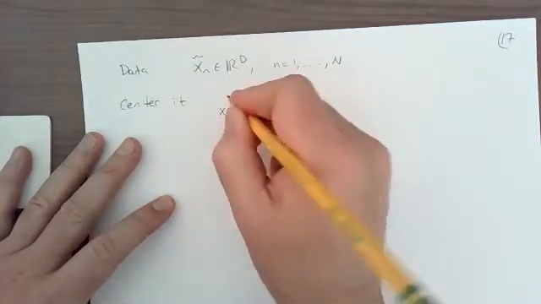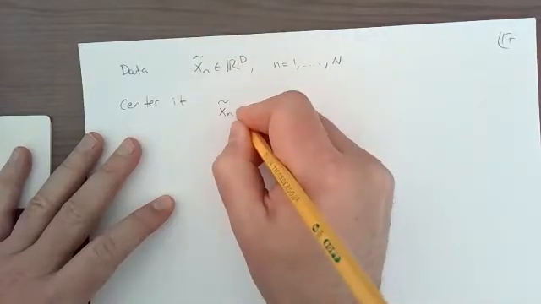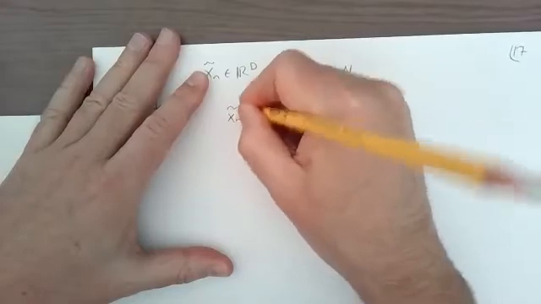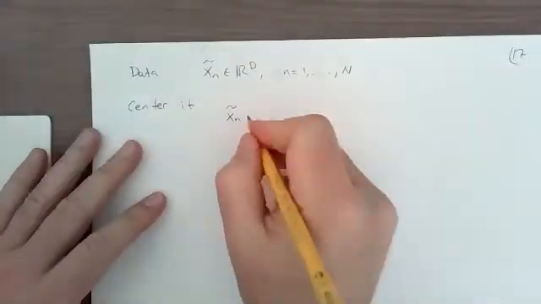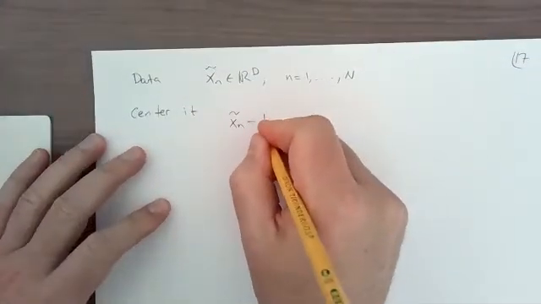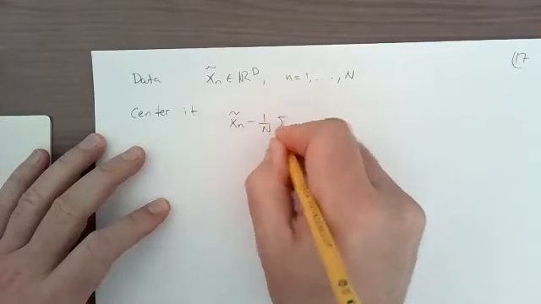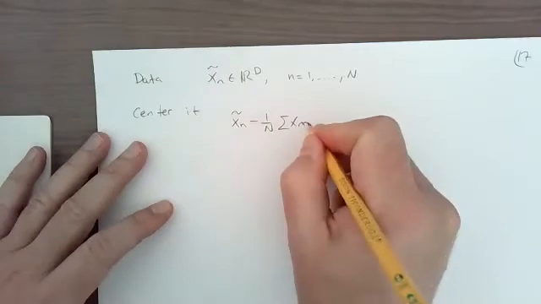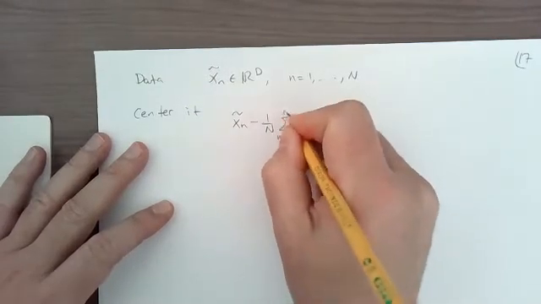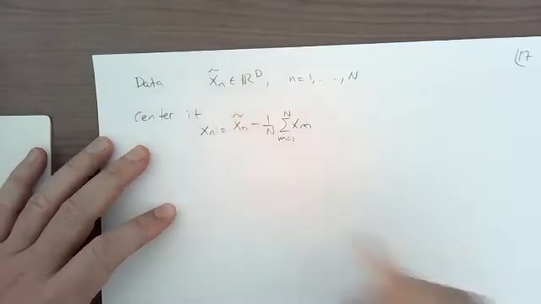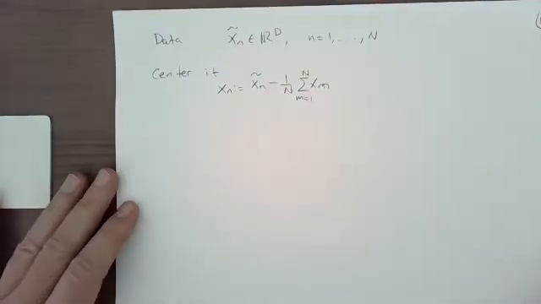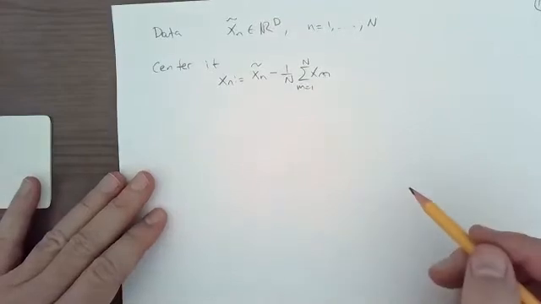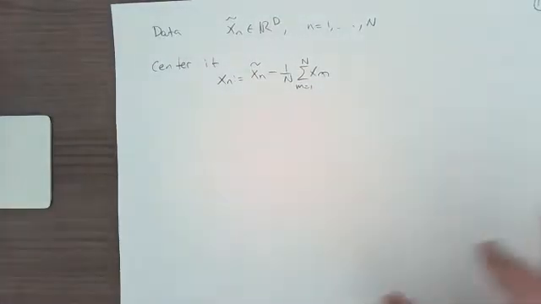Maybe you should call this x tilde, and then you just subtract away the mean of it. This is going to be your x's, just so we don't have any mean. Otherwise, you would have to worry about the intercept, and I don't want to do that.